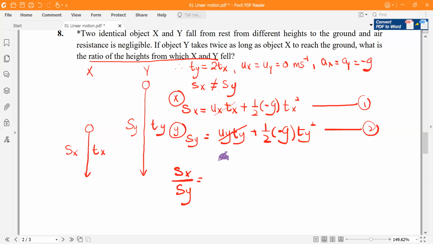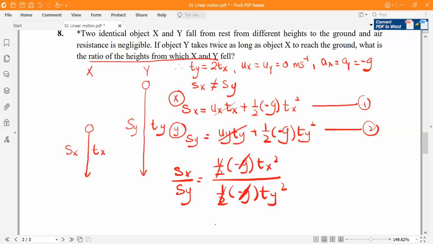Then you just take half minus g Tx squared over half minus g Ty squared. Half minus g all cancel. What is remaining is Tx squared divided by Ty squared.